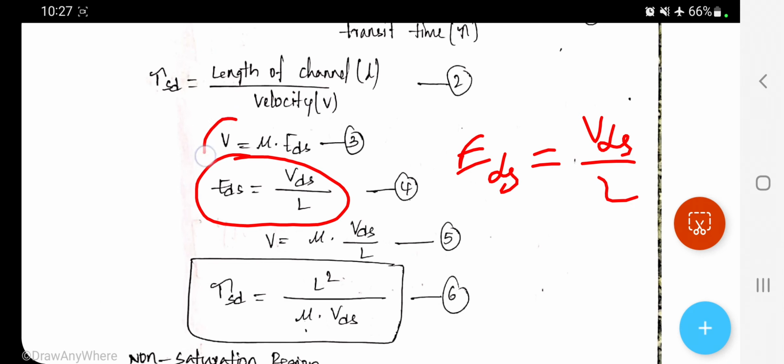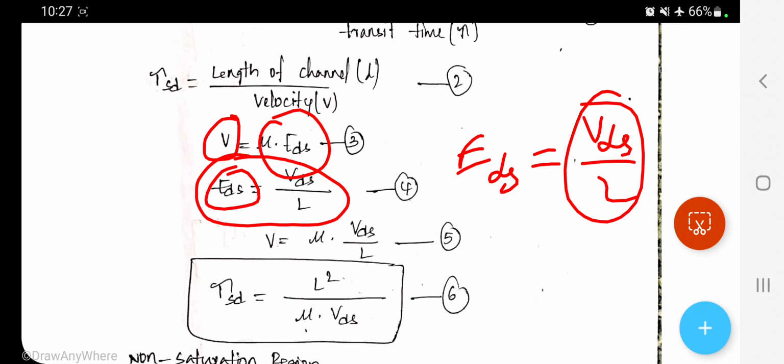And the velocity of the electrons is mu into EDS, mobility into electric field intensity. EDS is nothing but voltage by length of the channel. That is equation number 5.